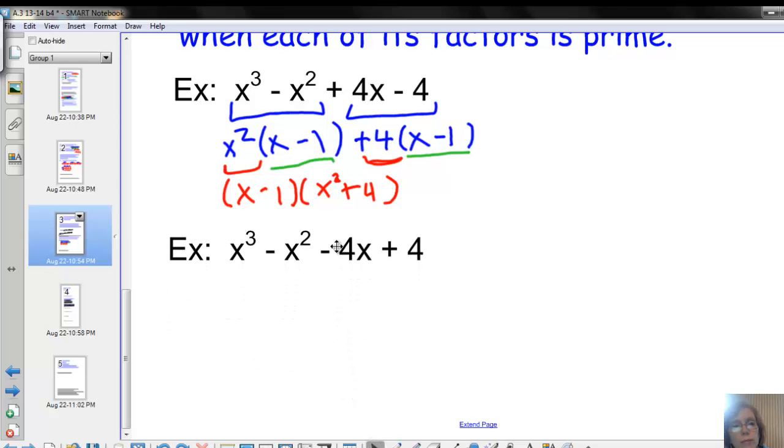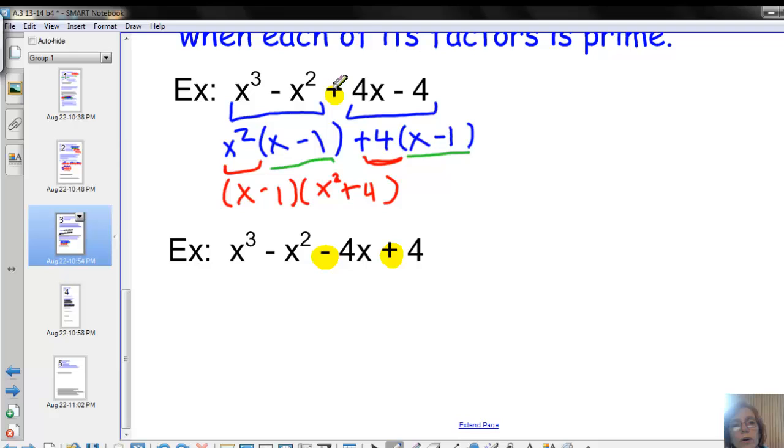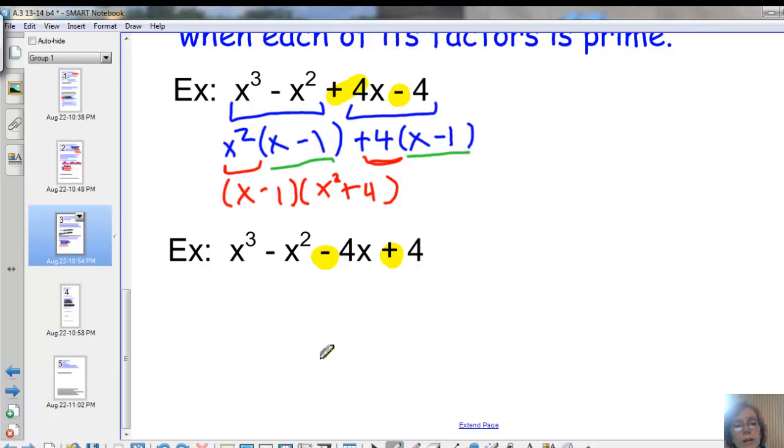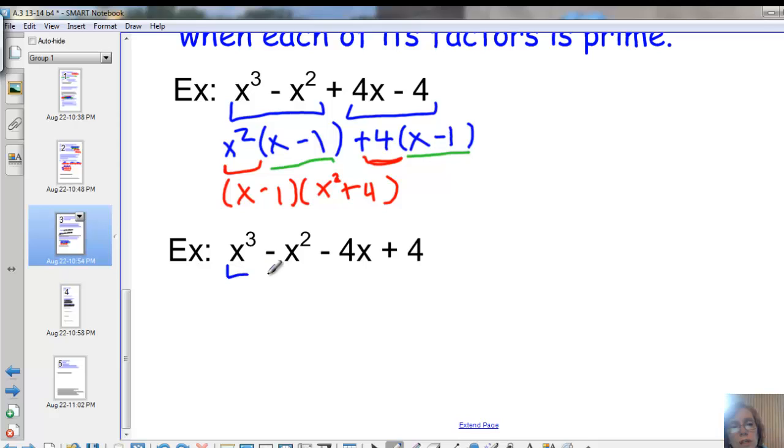This example looks very similar, except some of the minuses and the pluses are in different places. Let's try this one using the same factoring by grouping technique. If we group these first two together, what can we factor out? We can factor out an x squared, and what's left is x minus 1.